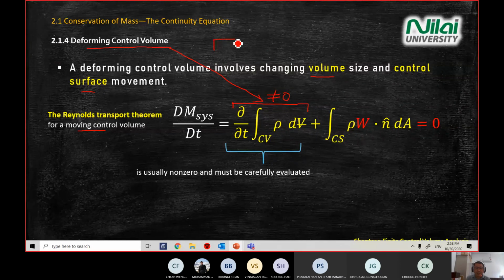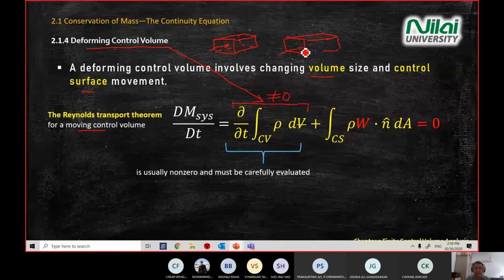All right. In the previous example, for instance, we looked at a cube like that. The flow comes in steadily, and the control volume, the space that we're looking at, does not change. But in this case, when the water comes in, because of the water pressure, the control volume will expand.